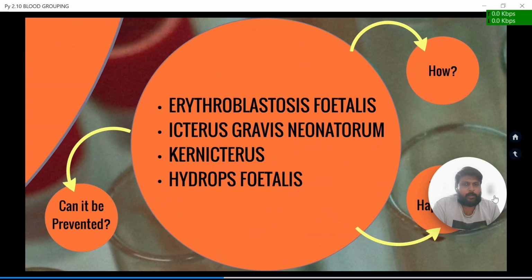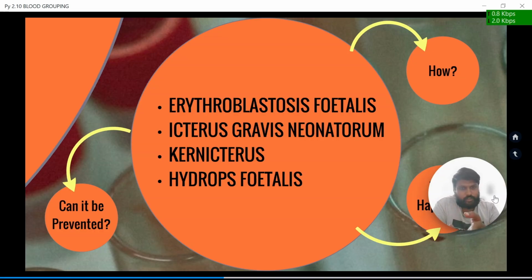Why? Because the baby can develop erythroblastosis fetalis, icterus gravis neonatorum, kernicterus, and hydrops fetalis. What is erythroblastosis fetalis? The name says erythroblast. Erythroblasts are immature RBCs. Osis means increased. So immature RBCs are increased in the fetus, hence fetalis.